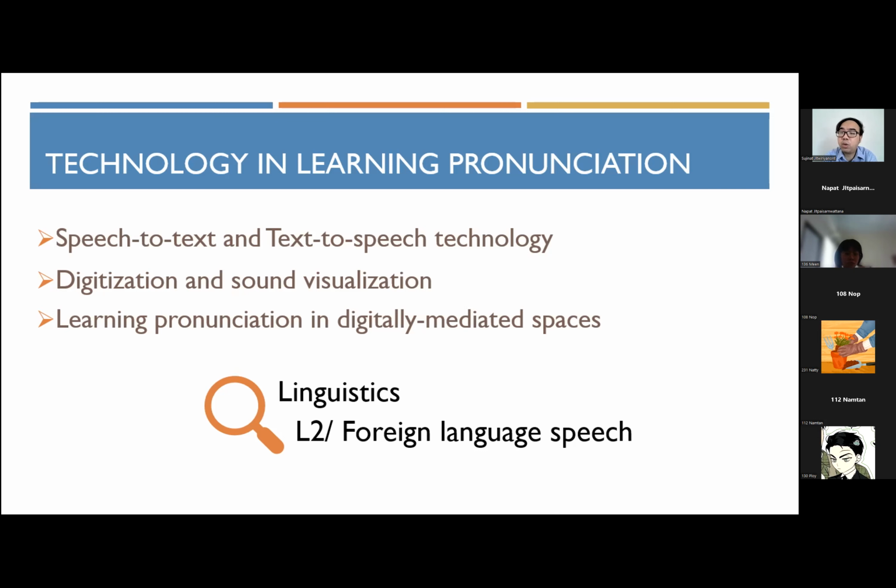Although it is natural to give emphasis on every single sound when you produce sound, this can lead you to have more awareness about phonology, to enhance your phonetic and phonological awareness. And text-to-speech technology is helpful when you want to ask native speakers how to pronounce or read a word correctly in English.